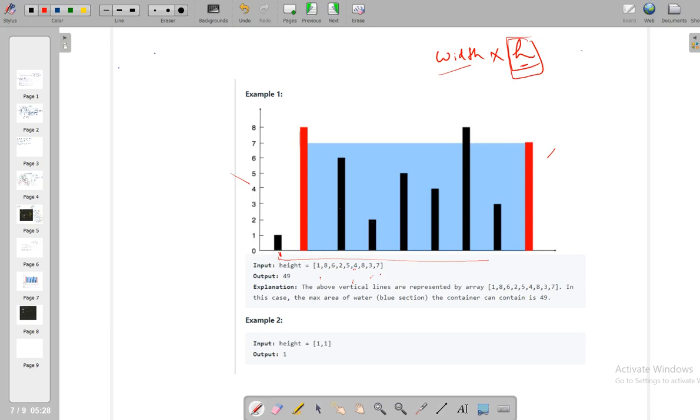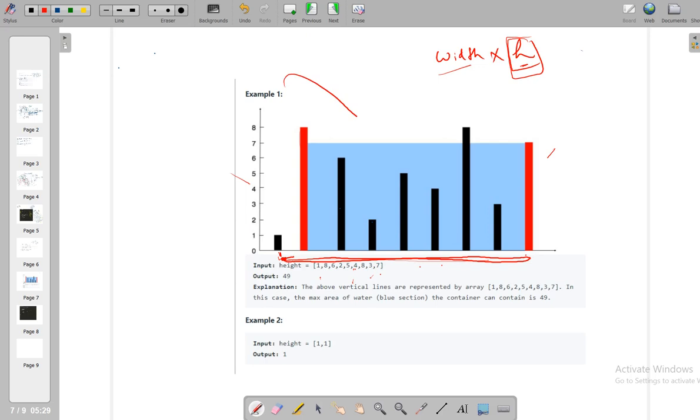We don't know the height. But for width, we can see this hint, this idea: let us see for the maximum width, which is this width. Final index minus 0, or I can say final index minus this index. So this is the maximum width. Because we have to calculate the maximum area, the maximum water that can be trapped.